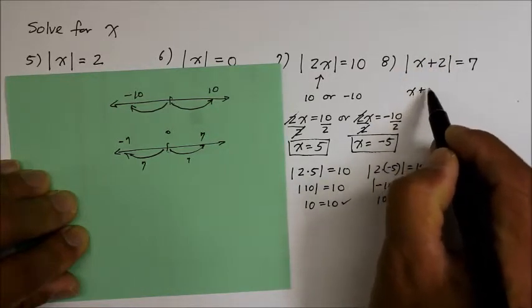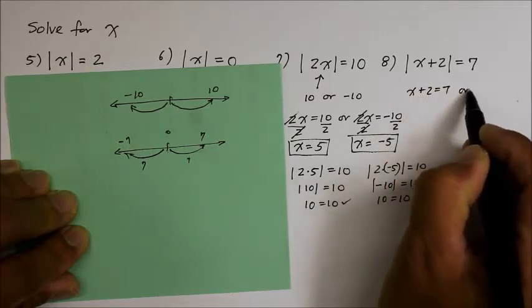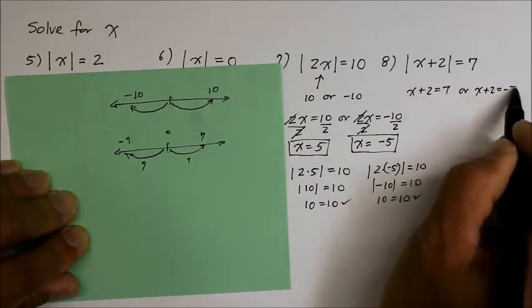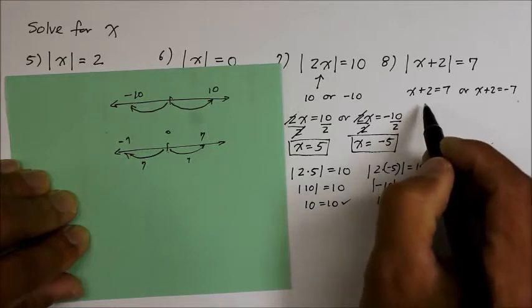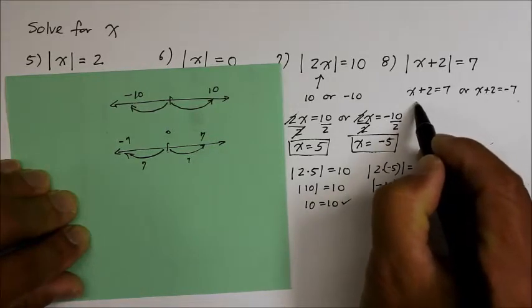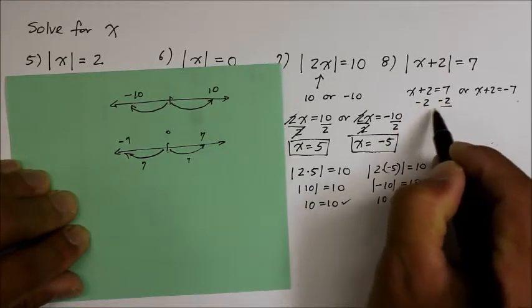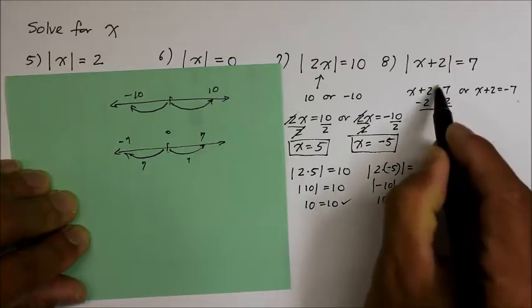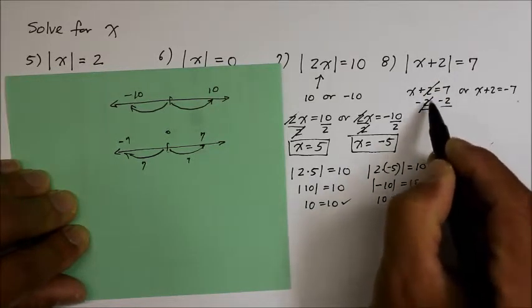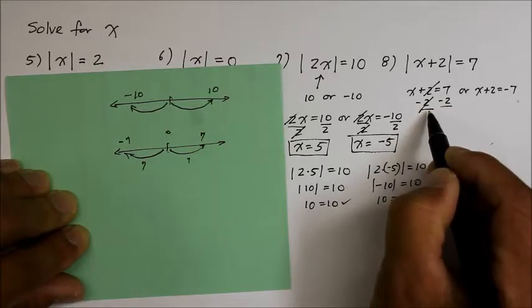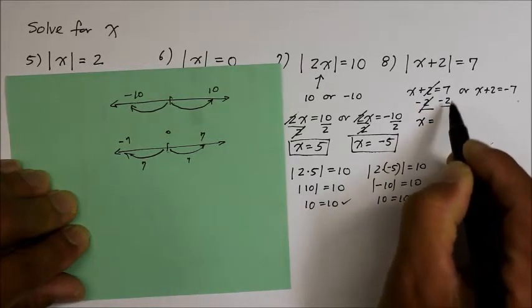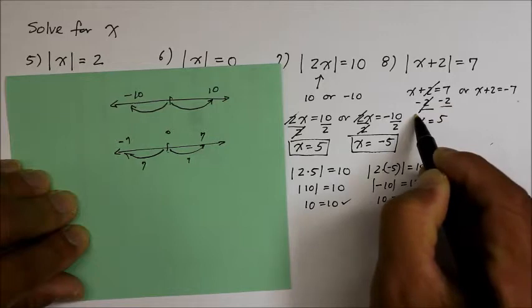So you set it up this way: x plus 2 is equal to 7, or x plus 2 is equal to negative 7. To solve this one, you have to use the subtraction property of equality. You subtract the 2 from both sides of the equation. So 2 and negative 2 are called additive inverses. They're opposites, so they cancel out. So x equals 7 minus 2, which is 5.